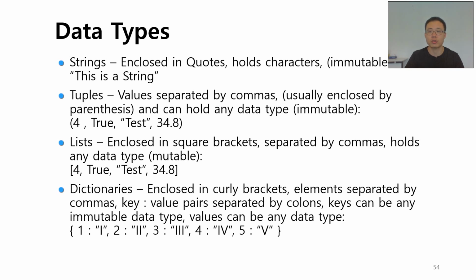In the list you can also have a list, and you can also have a list containing only other lists. So it will be a list of lists. The fourth one is dictionary. Dictionary is a little bit different from the others. Dictionaries are enclosed in curly brackets, and the elements are separated by commas.